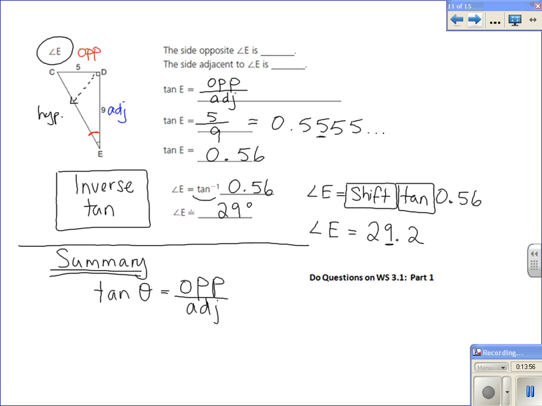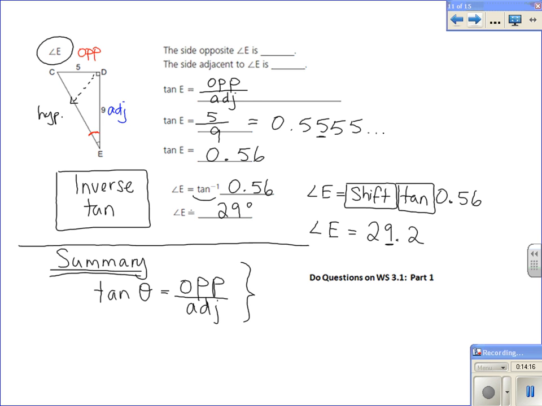This ratio lets us find the tangent ratio. It also lets us find side length, and we'll look at how to use this a little bit later. For example, if I knew what the tangent of theta was, and I knew the length of the opposite side, I could use this formula and rearrange it to find the adjacent side.